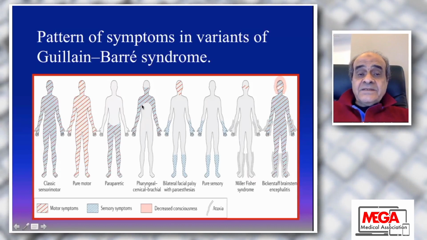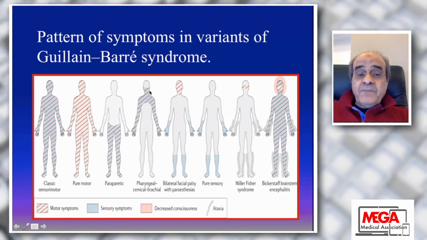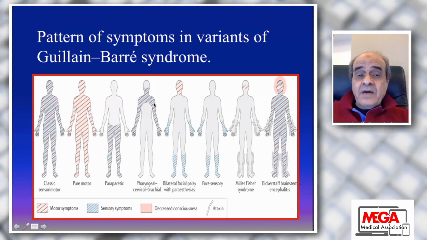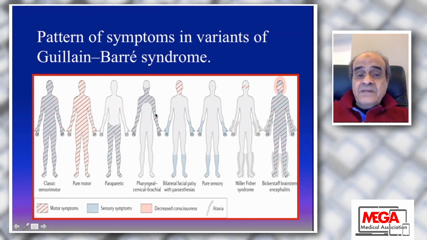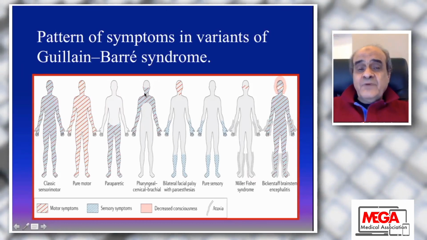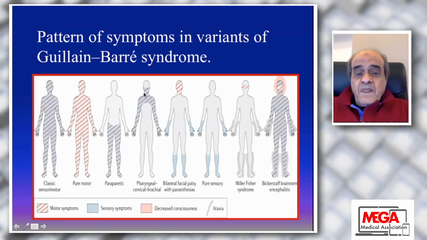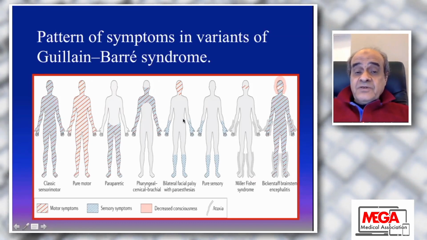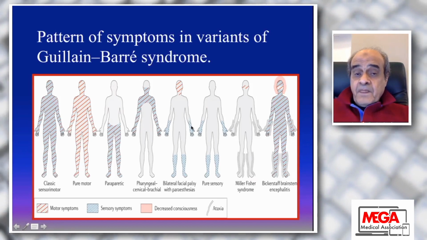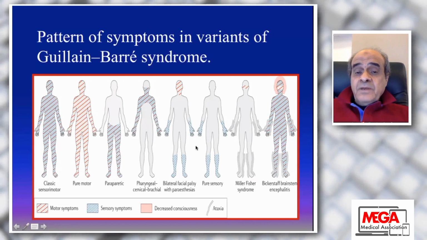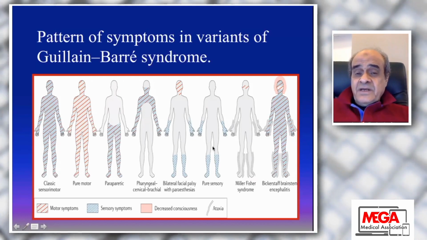We can also see the bulbar or pharyngeal area with cervical and brachial and arm weakness and sensory loss in the upper arm, and also with dysphagia and weak coughing and so on. It could be in another picture bilateral facial palsy with paresthesia in the distal area of the limbs, or maybe pure sensory, which is very rare really.